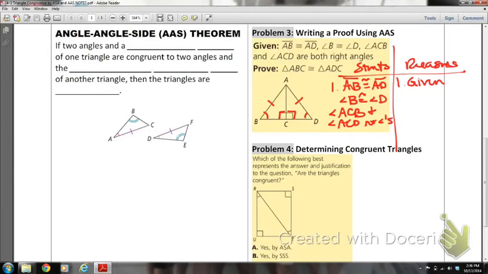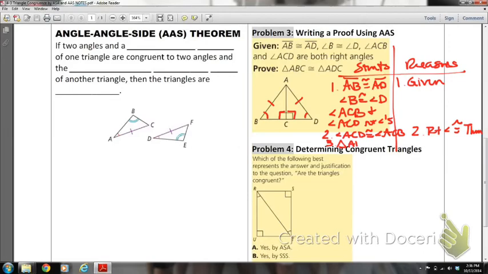Once again, we can use statement 2 to say that angle ACD is congruent to angle ACB because of the right angles congruence theorem. It says that all right angles are congruent. And now we have enough information to prove that the triangles are congruent.